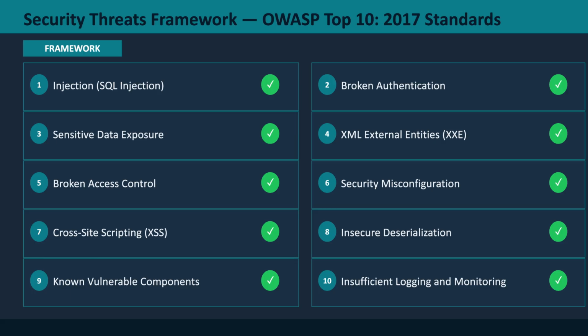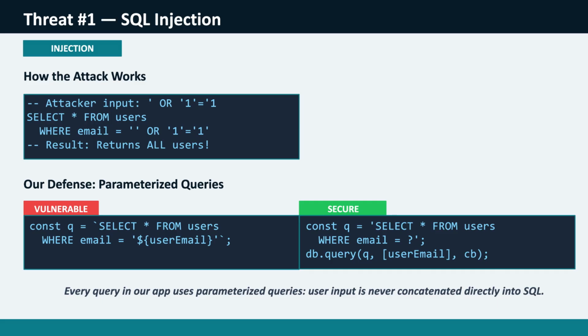Each of these has been extensively researched and documented. Our approach was to identify which threats apply to our specific application, implement defensive measures, and then validate that those measures work.